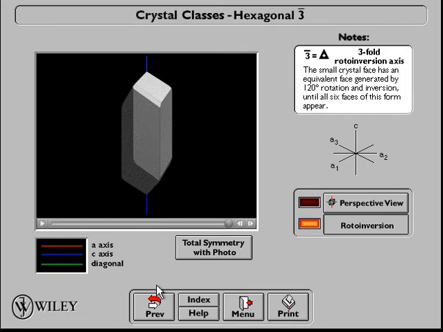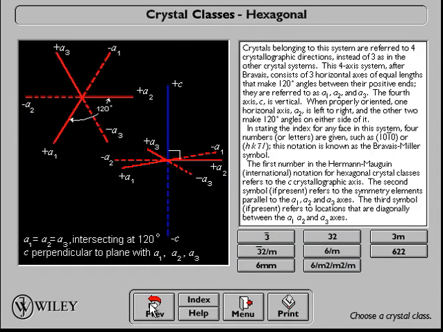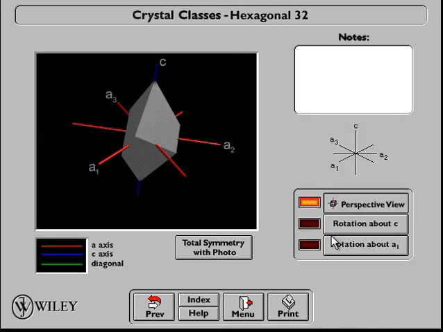Now we are going back to the system 3-2. So now we have the hexagonal class 3-2. We have the z-axis, we have A1, A2, A3, and we are starting with the total symmetry with a photo.